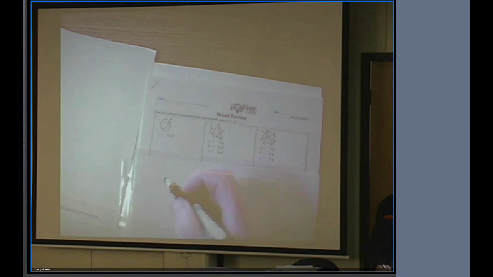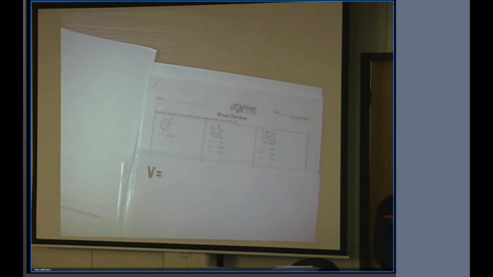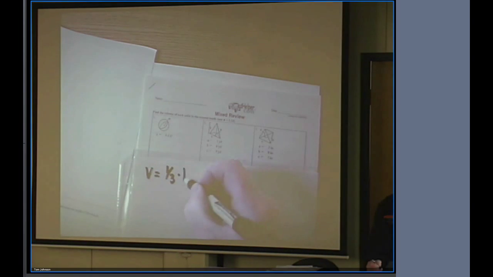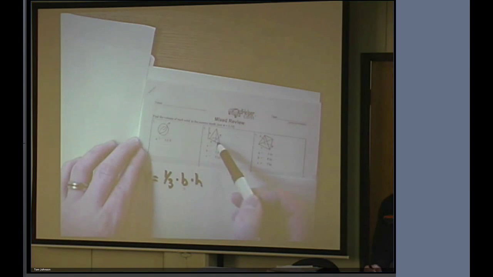Anybody find that? Yep, the pyramid one. So the volume is 1/3 times the base times the height. Now when we're talking about the base in that equation, we're talking about the whole entire bottom of that pyramid.